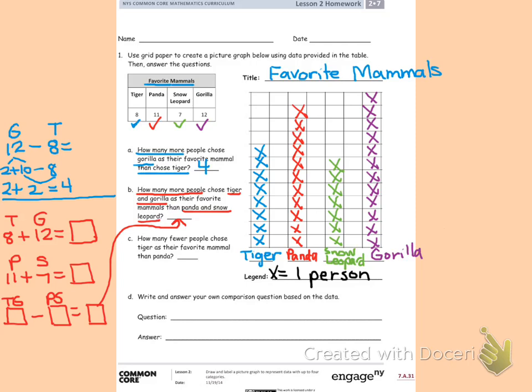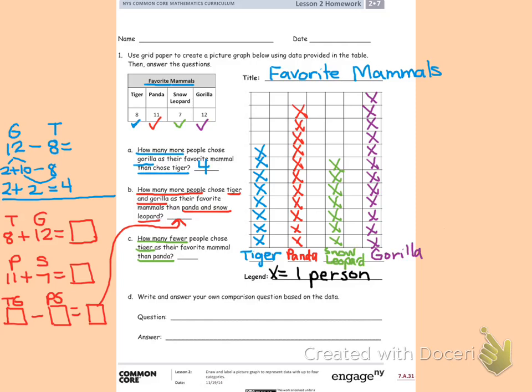Item C. How many fewer people chose tiger as their favorite mammal than panda? How many fewer chose tiger than panda? Again, we're comparing two groups. And when we compare, we're looking for the difference between two groups.